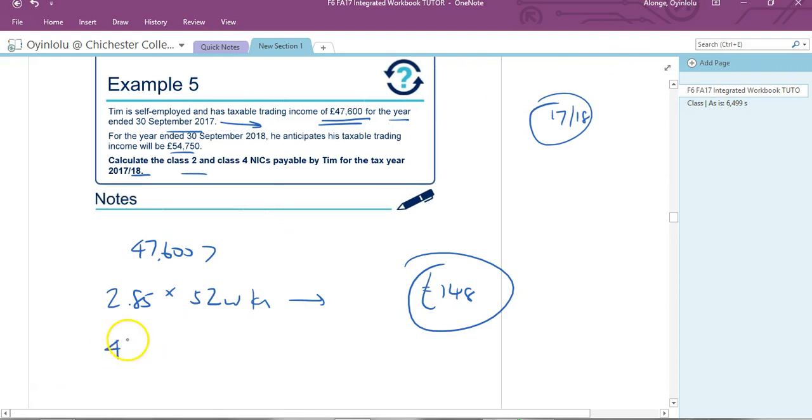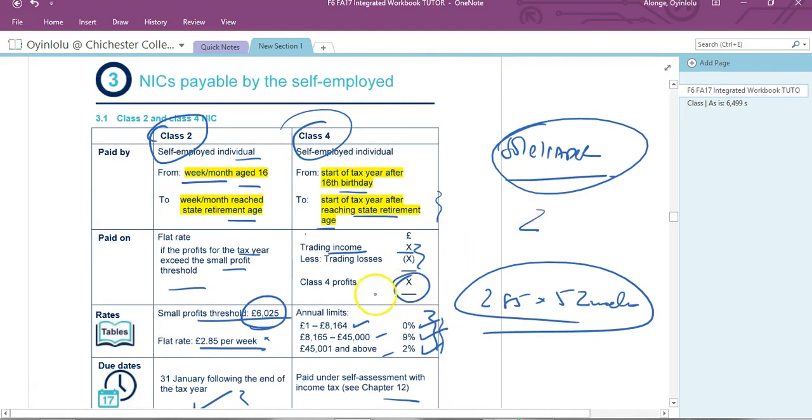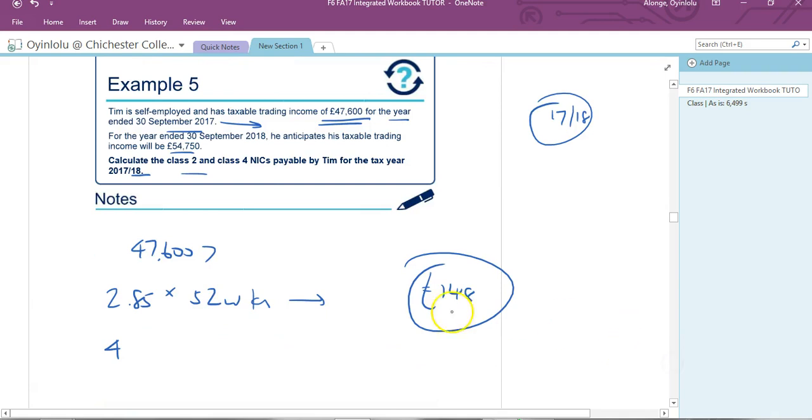So we just band it again. Here's the band, just quickly showing you again. Anything above that is 0, between that 9% and then 2%. So let's do that very quickly. We have 45,000 minus the 8164, and multiply that by 9%.